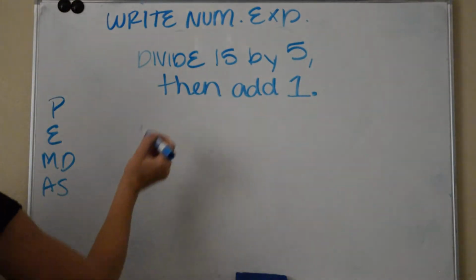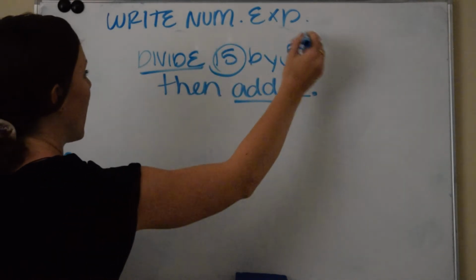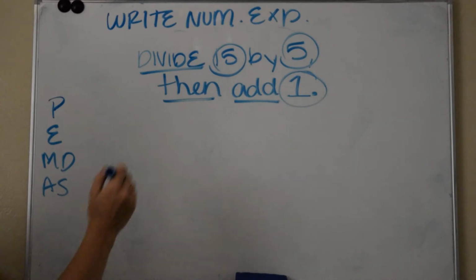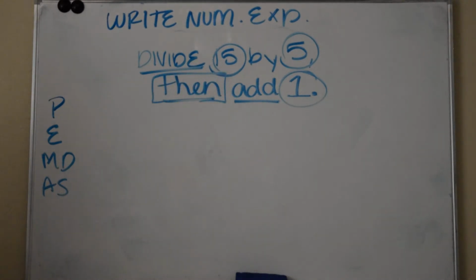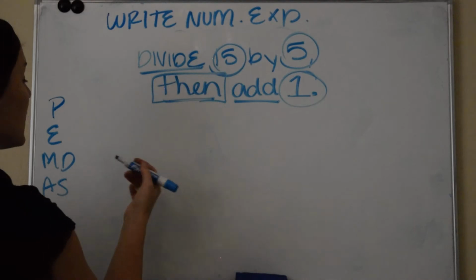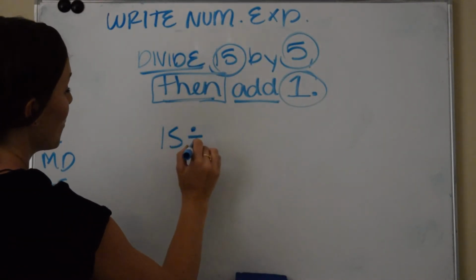Okay. Divide, add, 15, 5, and 1, and I also underline the word then. Or you know what, why don't we box it? Because then tells us to do that step last. They want us to do this first, so if you hear the word then or see it, please make sure you do the first step first by putting it in parentheses.